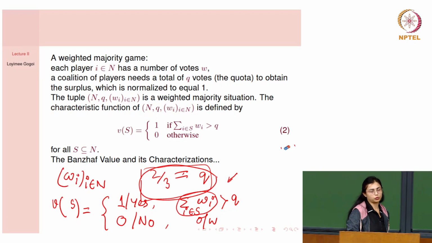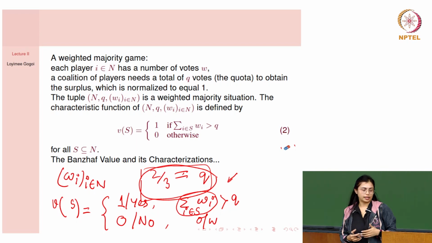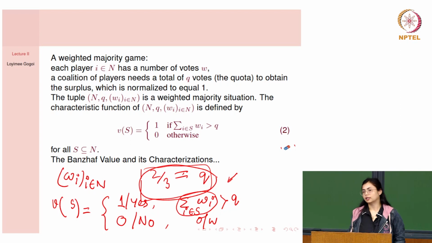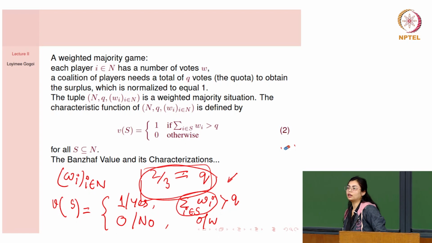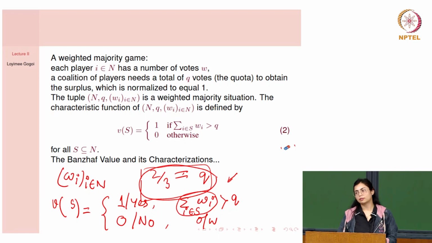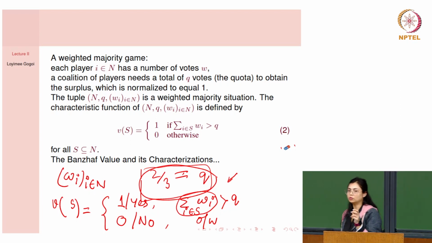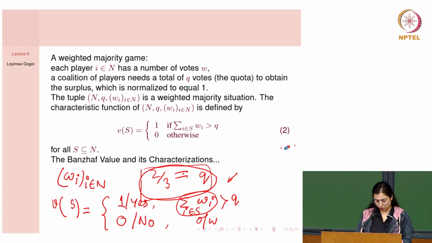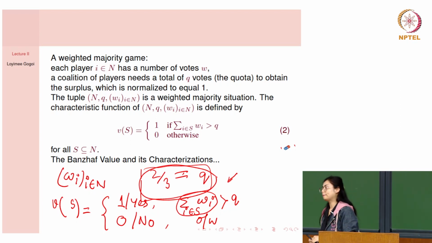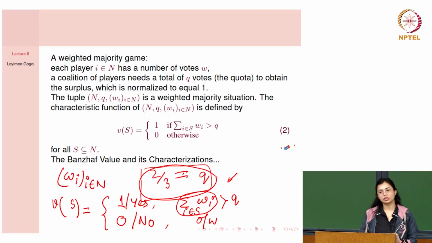Do you know about the recent Israel war situation? India was indifferent, but they went against Israel. So when we have some quota Q to pass the bill, there should be some quota. If the quota is fulfilled, then the bill will pass. If not, then it is no.